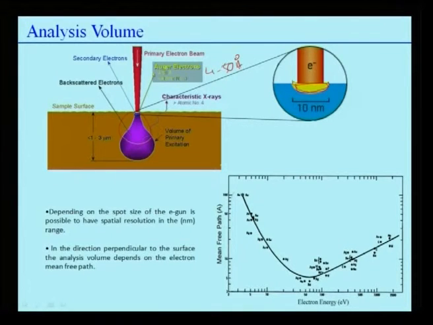If you see here, gold and silver have a very small mean free path. Mean free path increases for molybdenum, cerium, beryllium, or even some other elements like phosphorus.